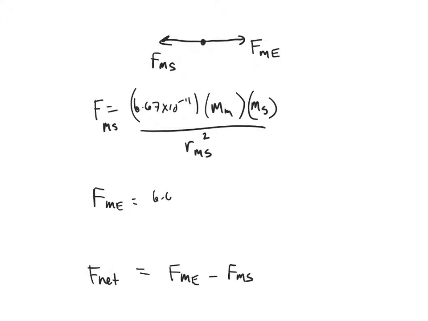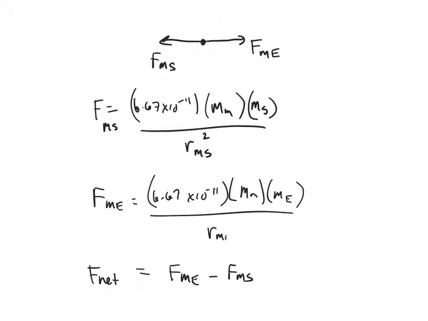And that's also going to be 6.67 times 10 to the negative 11 times the mass of the moon times the mass of the earth all over the distance between the moon and the earth squared. And that is usually given in a table as average distance between the two bodies.